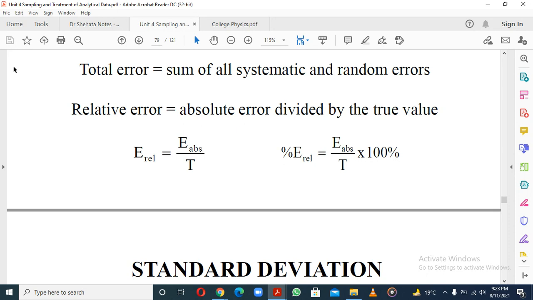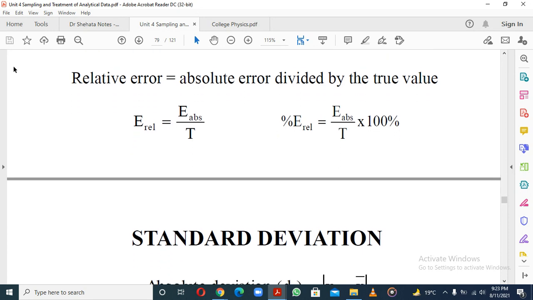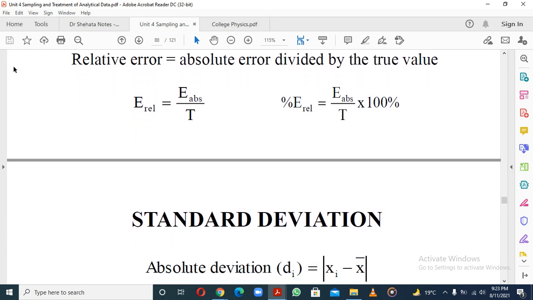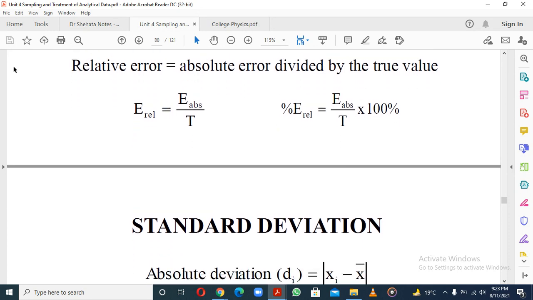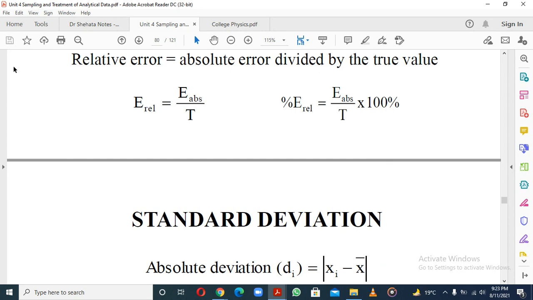Then relative error. What is relative? When you talk about relative, you are simply comparing something with something, right? It's almost like a ratio, isn't it? So that's the best way you can remember it without memorizing. Relative, it's almost always a ratio of something to something.